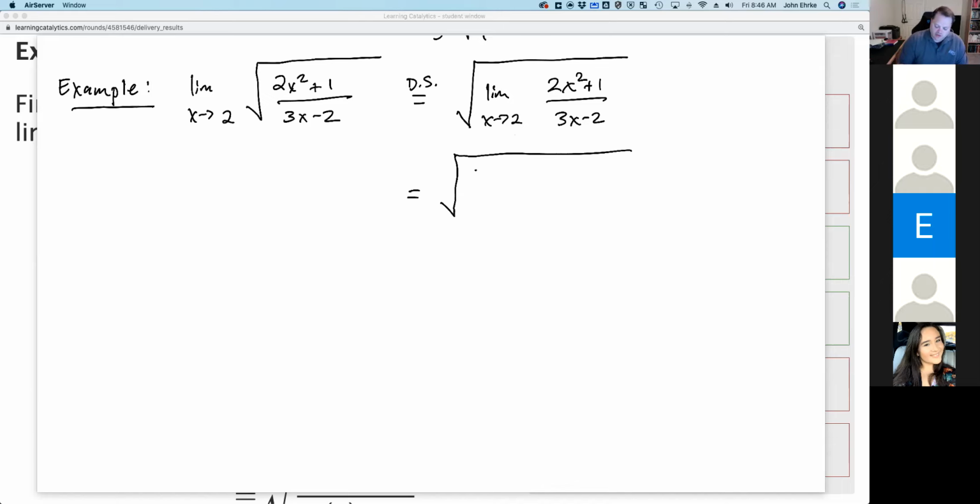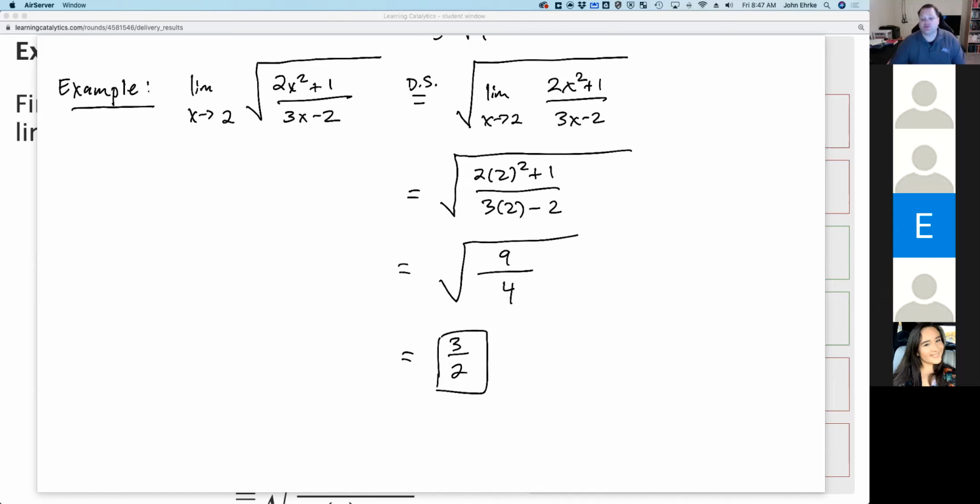So if I plug in 2, I will get, let's see, 2 squared is 4, 4 times 2 is 8, 8 plus 1 is 9, divided by 6 minus 2 is 4. So the square root of 9 is 3, the square root of 4 is 2. So 3/2 is your answer.